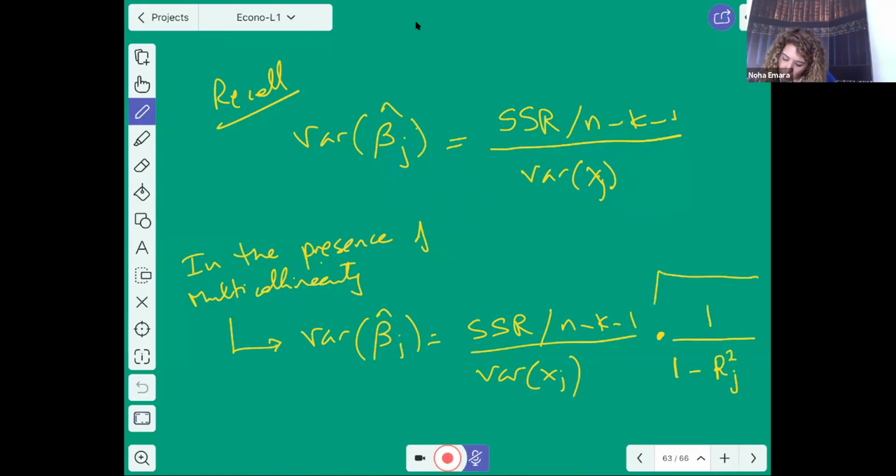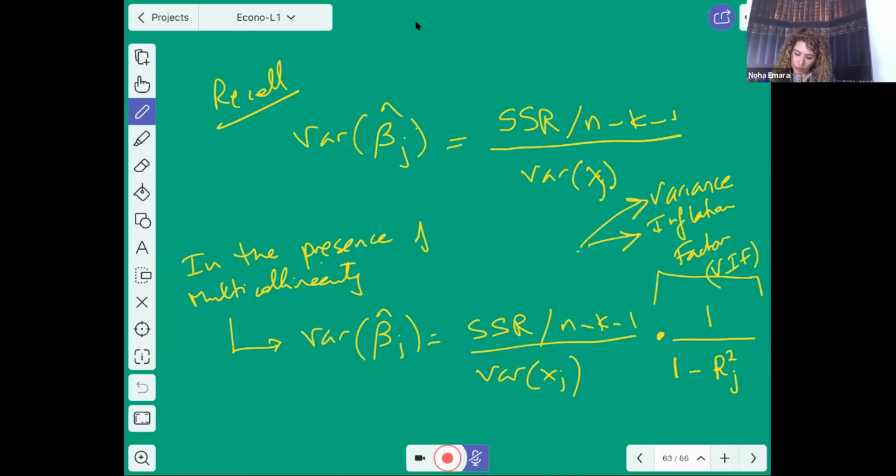This part is called the variance inflation factor. I already mentioned that in the multicollinearity videos. We abbreviate it as VIF. And as the name suggests, it's a certain term or a certain fraction that inflates the variance.